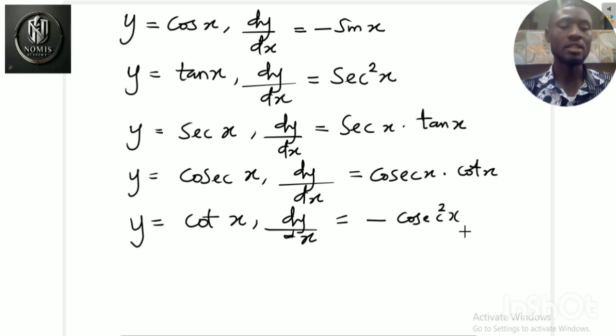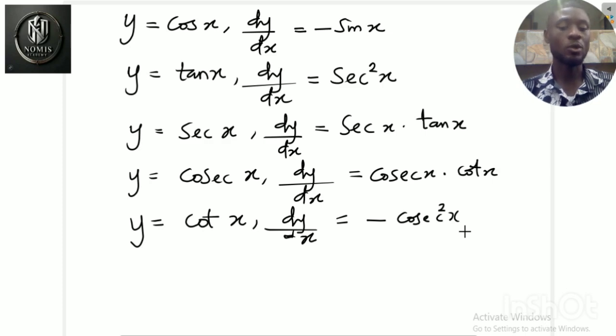Related to the fourth one, or the sixth one, which is cot x: if I differentiate cot x, what do I have? I will have the negative value of cosec squared x. So if you differentiate cot x, you have minus cosec squared x.